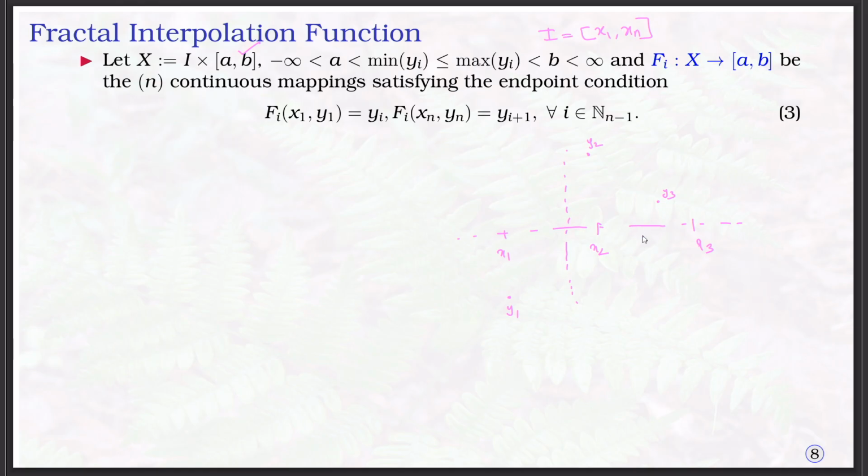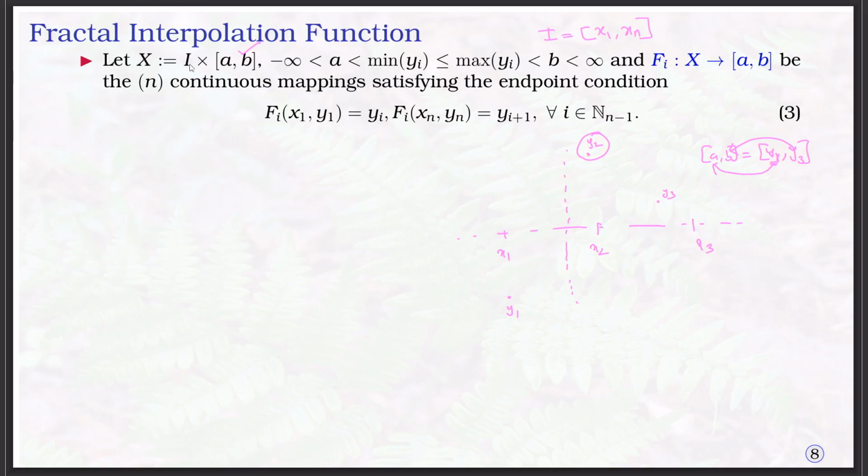Among all, we cannot take the interval [a, b] as y1 to y3, because if you are taking this interval, then this point will be ignored. So we need to take the minimum among all the y, that must be a, and the maximum among all the y to be b, so that all the points will be covered in the rectangular region.